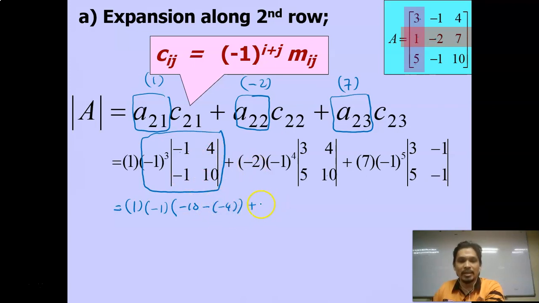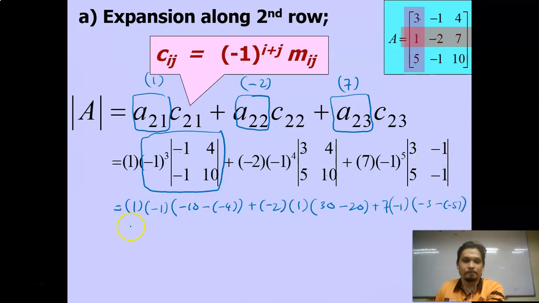Plus negative 2, and negative 1 to the power of 4 is positive 1. The minor here is 3 times 10 equals 30, minus 4 times 5 equals 20. Plus 7, negative 1 to the power of 5 is negative 1. 3 times negative 1 equals negative 3, minus negative 1 times 5, negative 5.